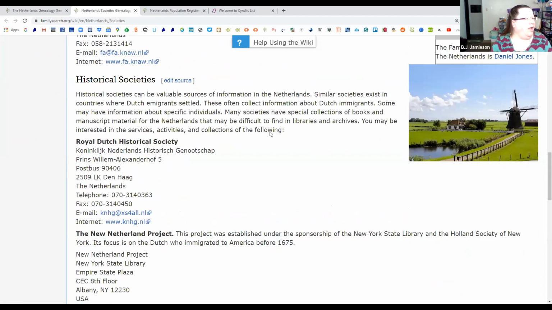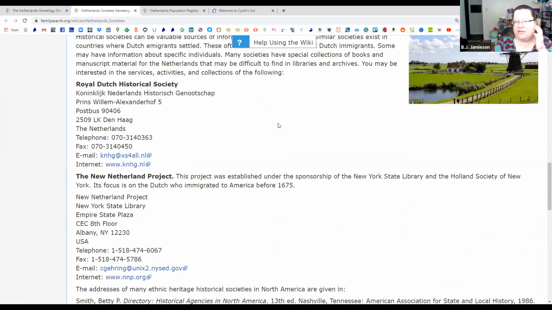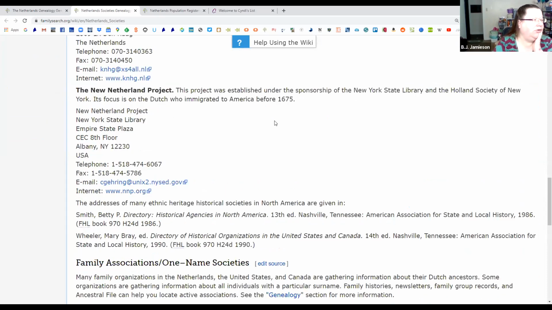And don't overlook the historical society as well as the genealogical. It's interesting that there's a New Netherlands project that's actually based in the US that for early Dutch settlers in the New York area might be the place to start.